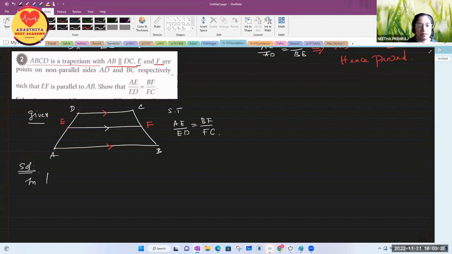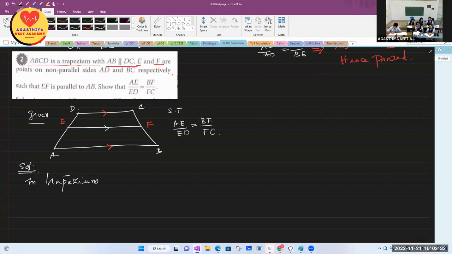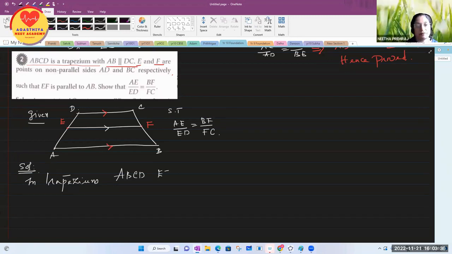In trapezium ABCD, EF is parallel to AB. It is given, isn't it? And AB is parallel to CD.